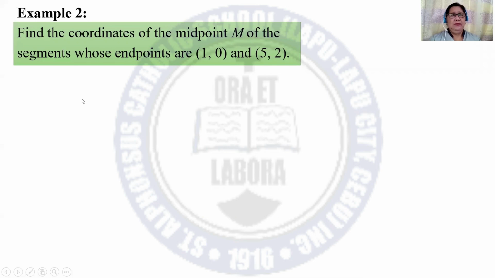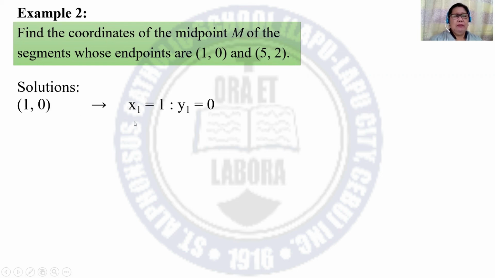Example number 2. Find the coordinates of the midpoint M of the segment whose endpoints have coordinates (1, 0) and (5, 2). For the solutions, x sub 1 is 1, y sub 1 is 0. For the second point, x sub 2 is 5, and y sub 2 is 2.